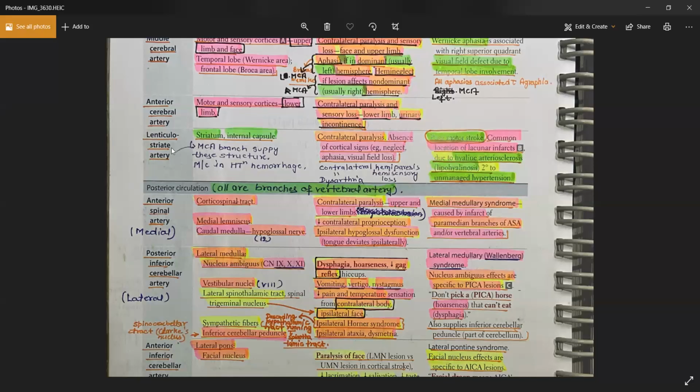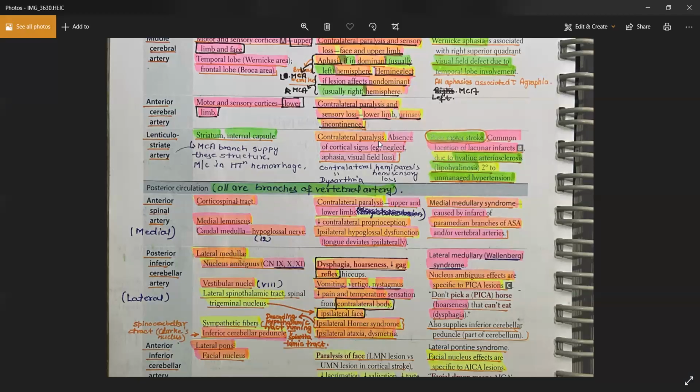Then you have the lenticulostriate vessels, which we have discussed, supplying the deeper parts of your brain, like the thalamus, the internal capsule, and other parts of the basal ganglia. So you can either get a complete paralysis of the contralateral side of your body, or a complete sensory loss of one side of your body. But the cortical signs must be absent, like aphasia, hemineglect, or visual field defects.